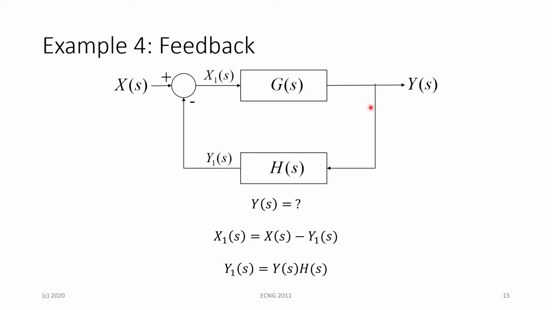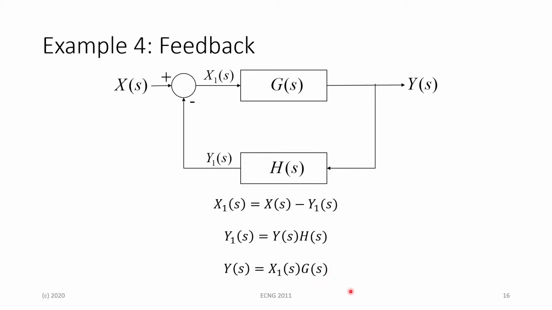So y1 of s is basically y of s feeding back into h of s, and because of the serial connection, it's going to be a multiplication. So y1 of s is going to be y of s times h of s. So we knew that the output of the summation junction, x1 of s, was x of s minus y1 of s, and we know that y1 of s was y of s h of s.